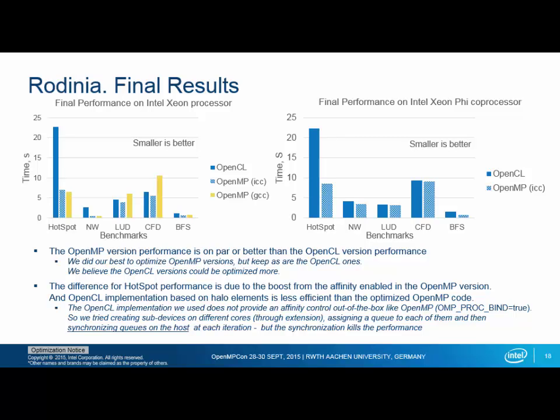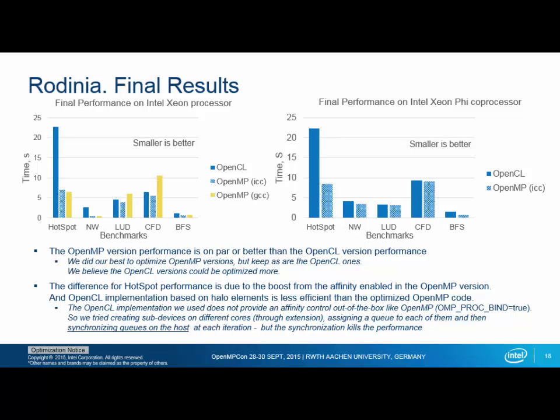And we found that with OpenMP, you can fix it by just setting one environment variable that binds OpenMP working threads to hardware threads, while the Intel OpenCL implementation does not support such affinity control by default.